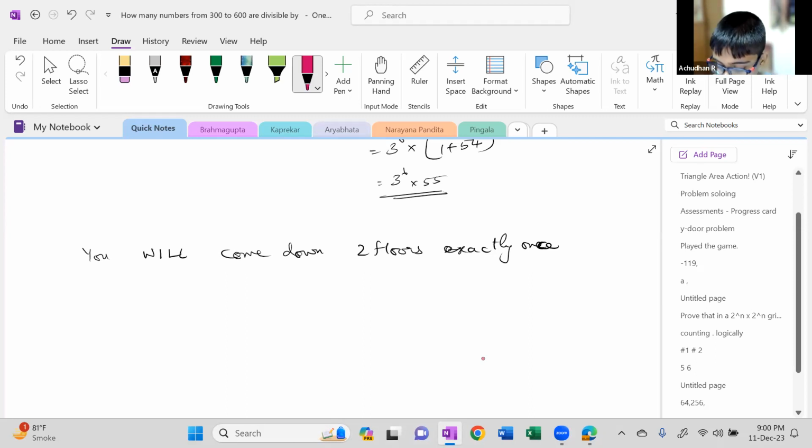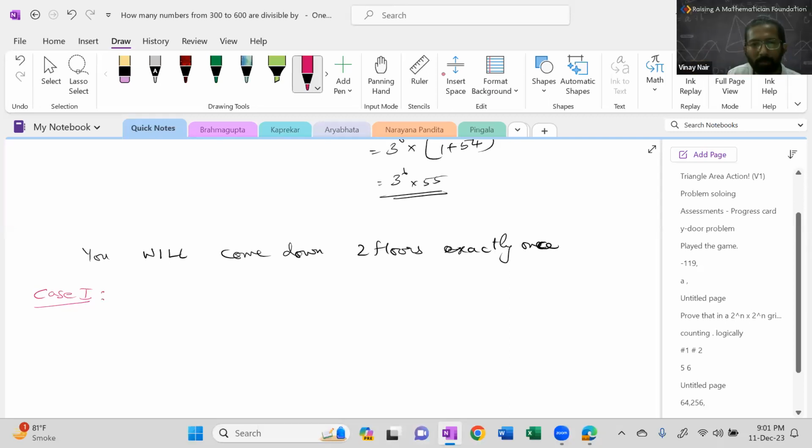Sir, I noticed that we can start climbing down from the 2nd floor to the 5th floor, that is 4 floors. Wait a minute. So this is your case 1. State your case 1. Sir, my case 1 is coming down from the 2nd floor.